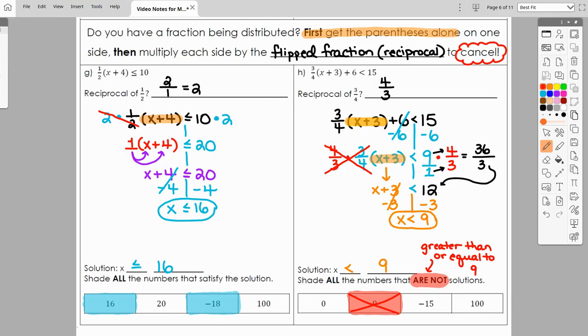Negative 15 is less than 9, so not going to cross it out or shade it. But taking a look at 100, that's greater than or equal to 9. So that is not within the less than 9 range. So that is a solution we shade to be a not solution. It's kind of weird to think backwards, but you just think of everything that is not less than 9.